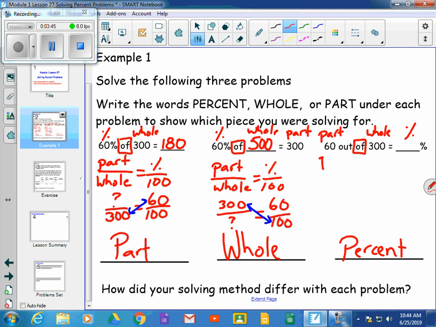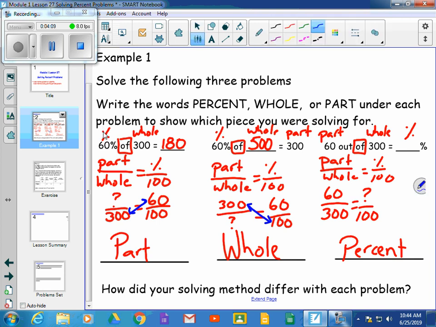So let's set it up like we did before. Part over whole equals percent over 100. Fill in our information in the correct spots. 60 is the part. 300 is the whole. We're finding the percent this time, and that always goes over 100. The numbers that I'm going to cross multiply are 60 and 100.